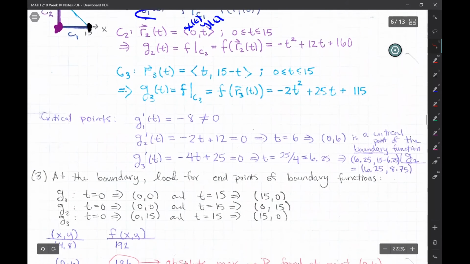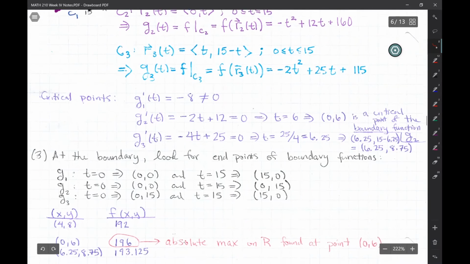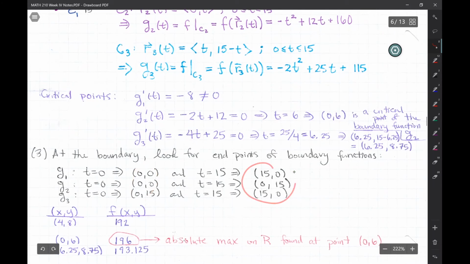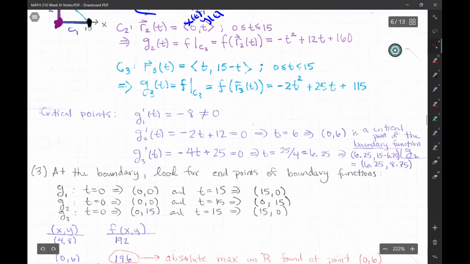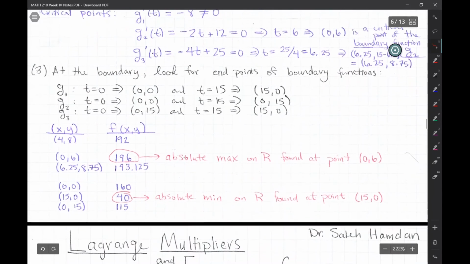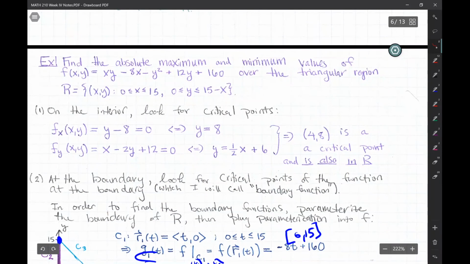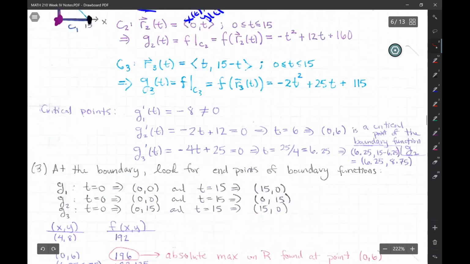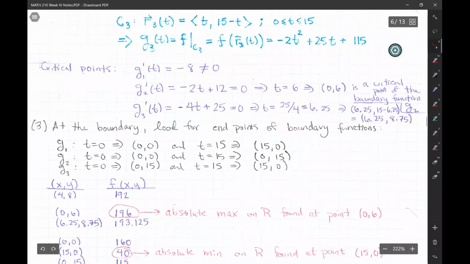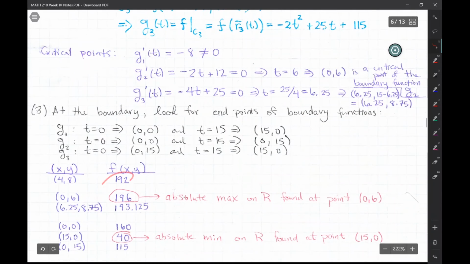And number 3, the endpoints of our boundary functions. And we get all of these different points. Now what do we do? We take each of these points and plug it into the function. So we'll take 4, 8, for example, and plug it right back into this original function. So 4, 8 means wherever you see an x, you put a 4, and wherever you see a y, you put an 8. And if you do that, you will get 192 at the end.